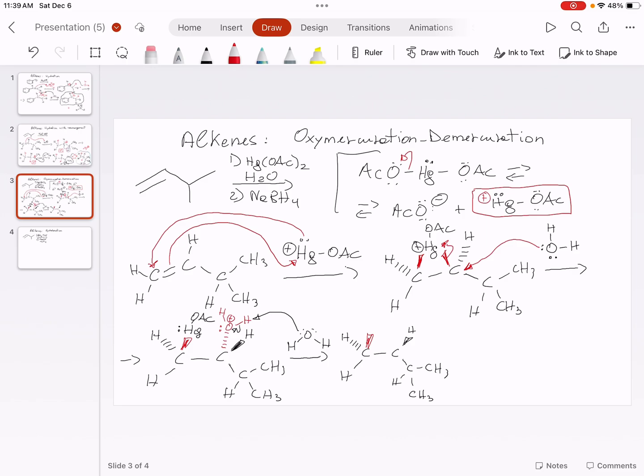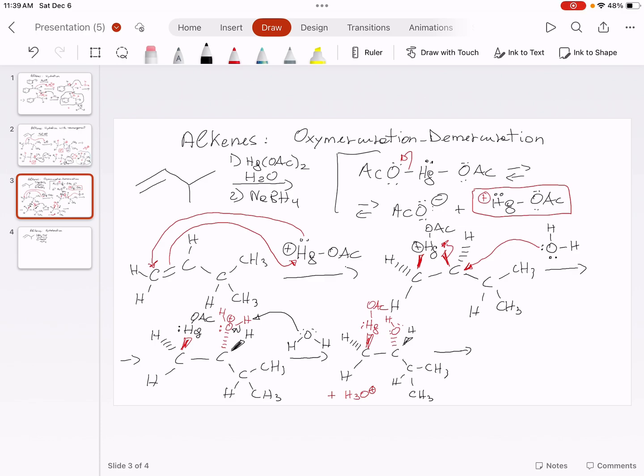Now we have mercury with this group attached, and on the other carbon we have water. Plus, obviously, we have H3O plus. So this reaction is called an oxymercuration, which is making this compound, and then there's a demercuration step.